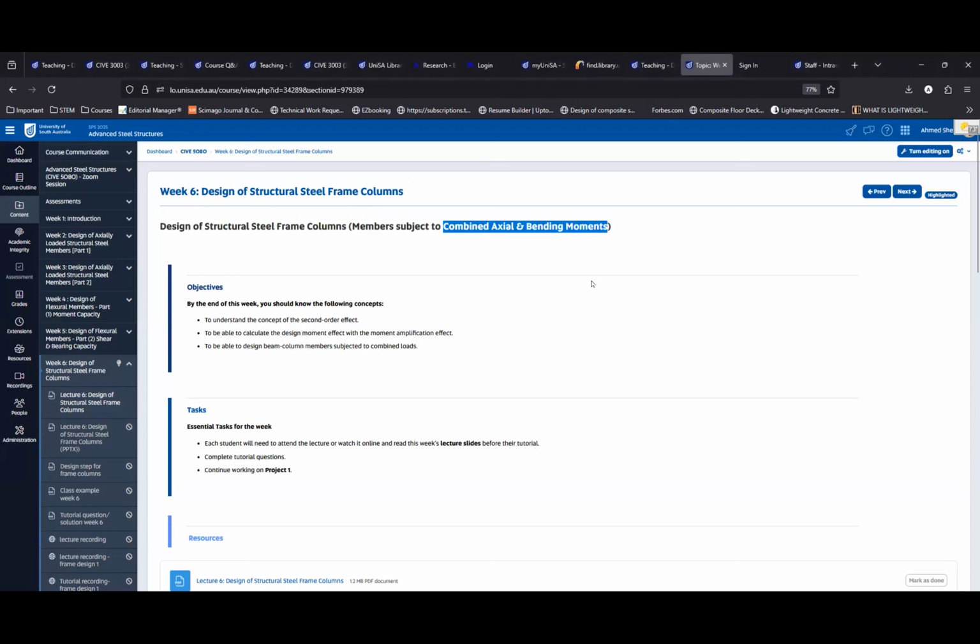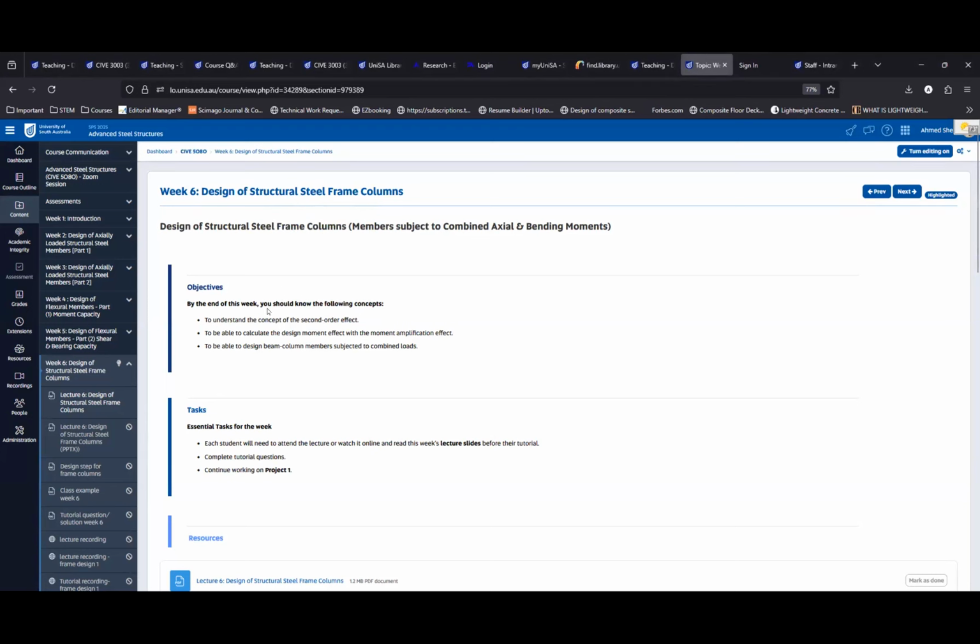In the previous weeks, we have learned how to design members under axial loads and members under flexure. Today we will have the members under combined axial load and bending moments, which is mainly in the frame columns.